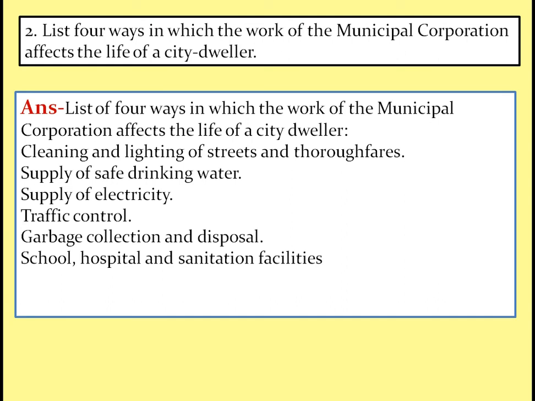Then supplying of safe drinking water, supplying of electricity, traffic control, garbage collection and disposal, schools, hospitals, sanitation facilities and all. So you can write your answer in your own way. If you have already written this answer, no need to write, just revise these points. These points can be written according to your own way in your own sentences.